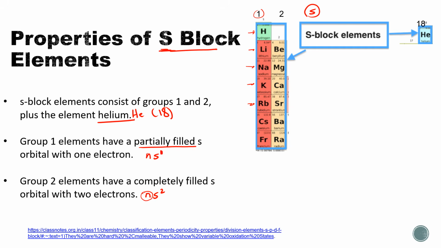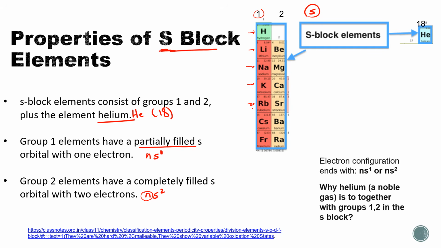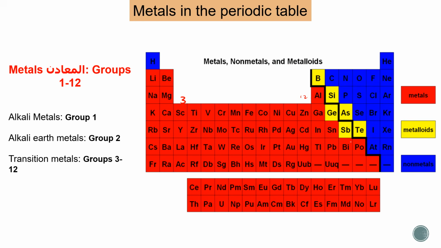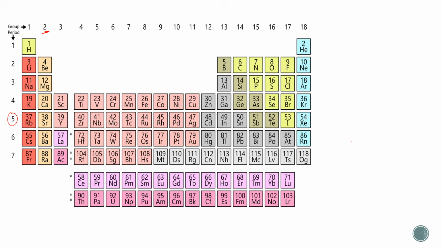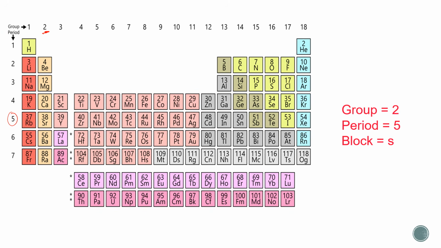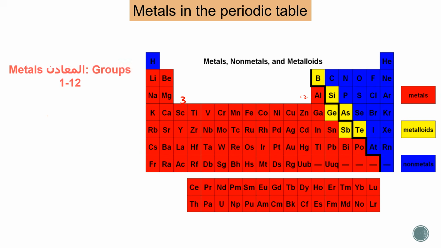And as I told you, n is the number of the period, the energy level. So this is the electron configuration and how it ends. Where did we see that? We saw that here when we did strontium, remember? So it ends with s2, right? And it's in group 2. So it belongs to the S block.